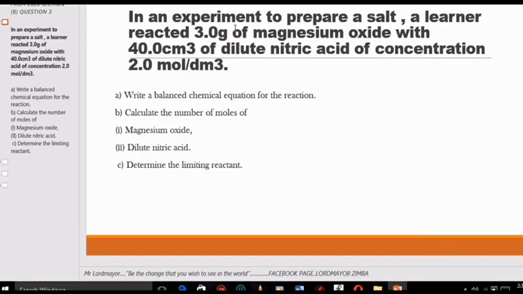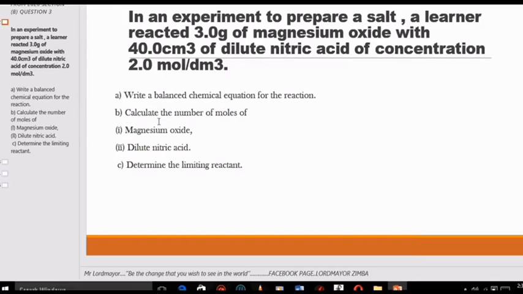In an experiment to prepare a salt, a learner reacted 3.0 grams of magnesium oxide with 40.0 cubic centimeters of dilute nitric acid of concentration 2.0 mole per cubic decimeter. A. Write a balanced chemical equation for the reaction.